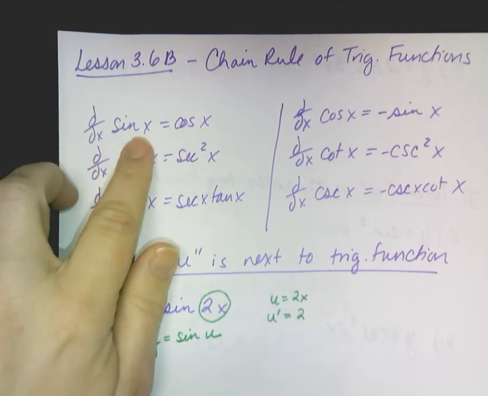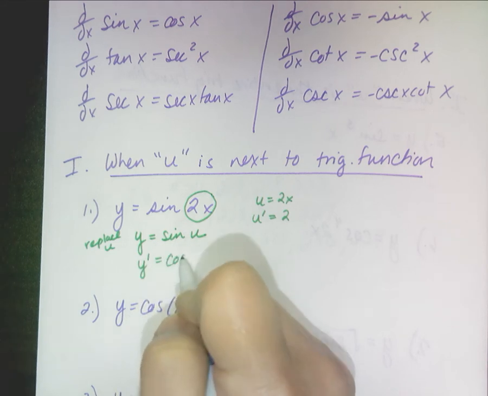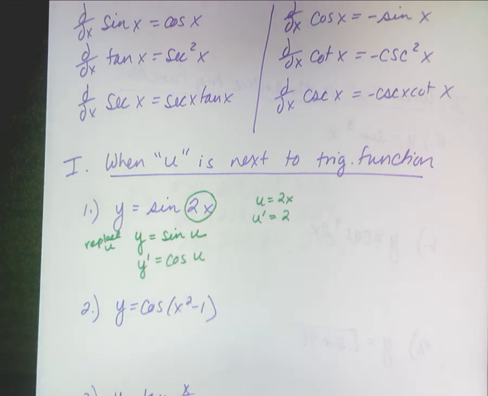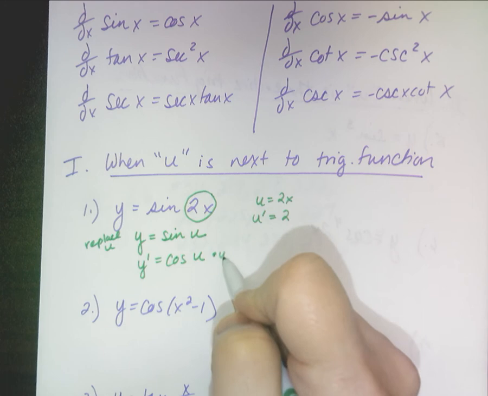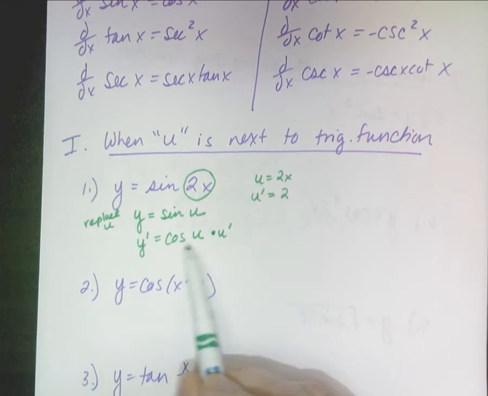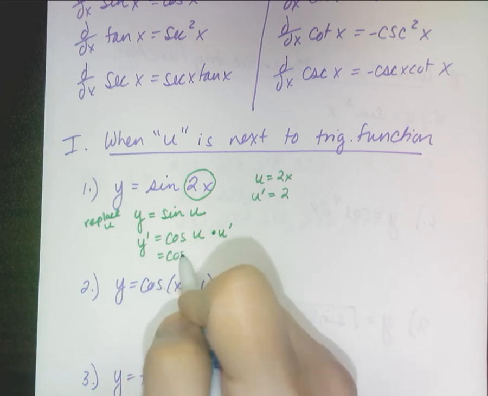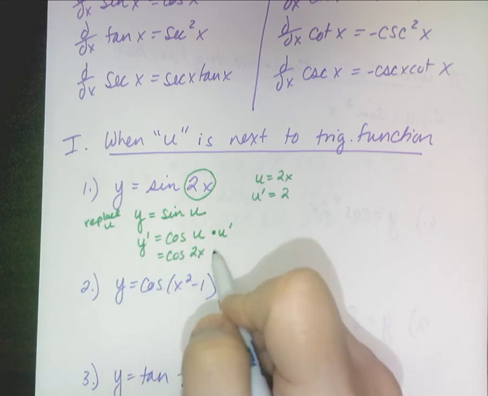So the derivative of sine U would just be cosine U. But don't forget to attach the chain. And now replace your u's again. So this would be the cosine of 2x times 2.